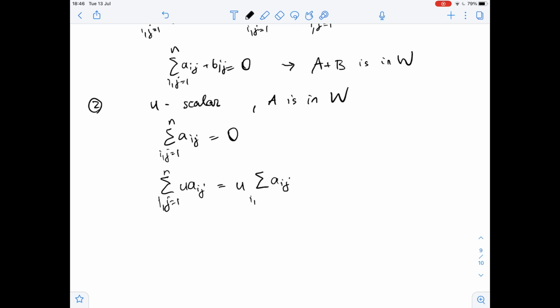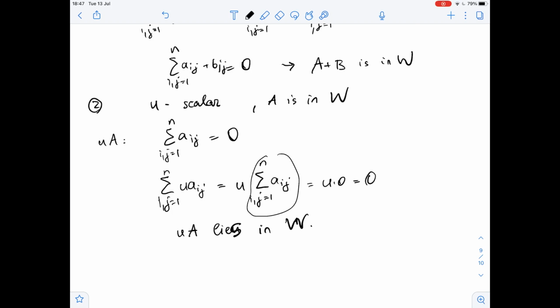Since we know that this equals 0, it equals U times 0, so it equals 0. So we have proven that the sum of all entries of the UA matrix also equals 0, which means UA also lies in W.